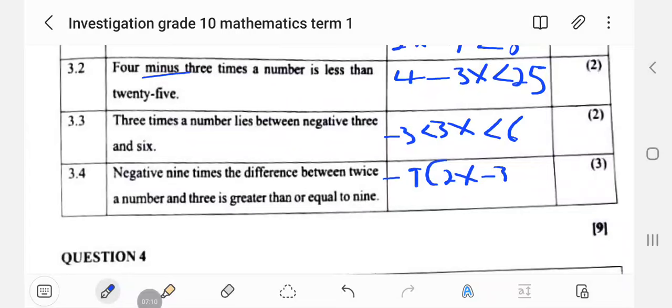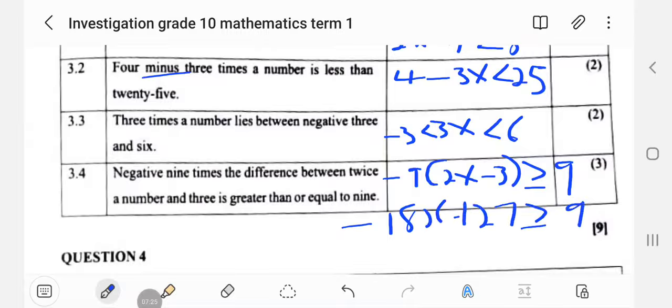Now we can simplify this by finding the product. Minus 18x plus 27 is greater than or equal to 9. Minus 18x is greater than or equal to 9 minus 27.